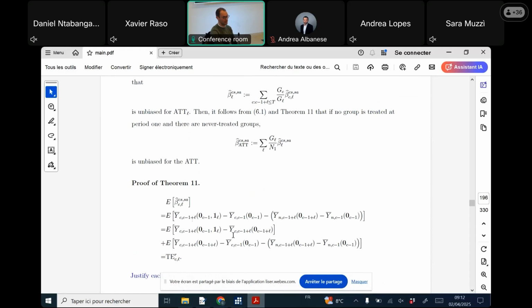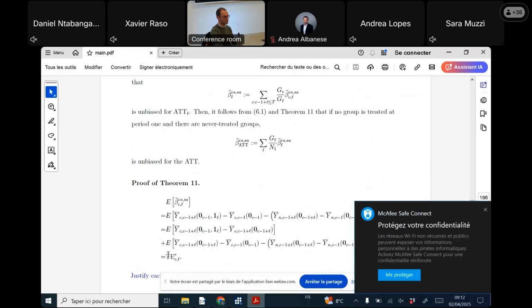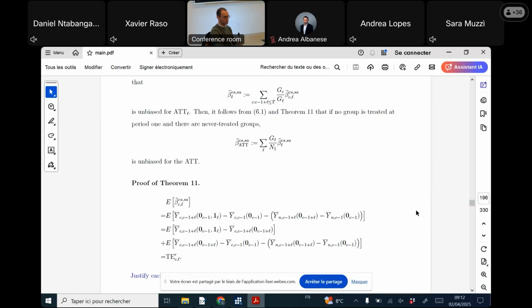So here we're going to be adding and subtracting the untreated outcome of cohort C at C-1 plus L. And then why is it that we can go from here to here? So which assumption are we using to go from here to here?